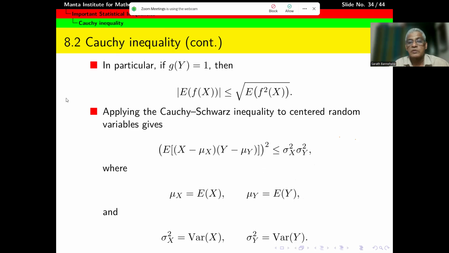Right. So this term here is the expected value of x minus mu x squared. So that is the variance of x, and similarly for y.